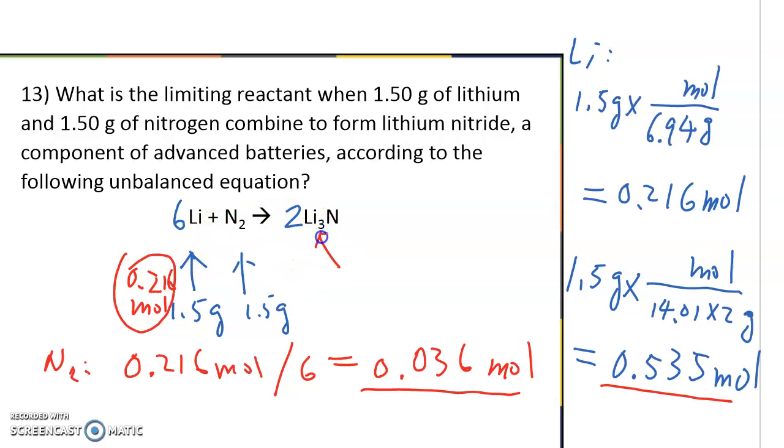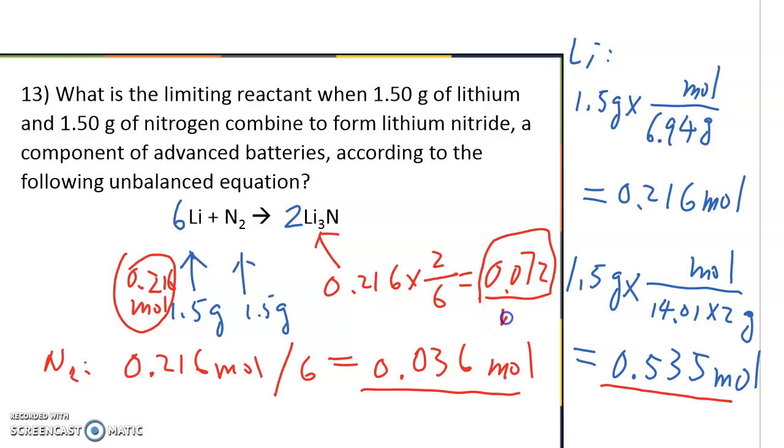So with lithium nitride, I have 0.216 times 2 divided by 6, which is equal to 0.216 divided by 3. I got 0.072. So that many moles of lithium nitride will be produced.